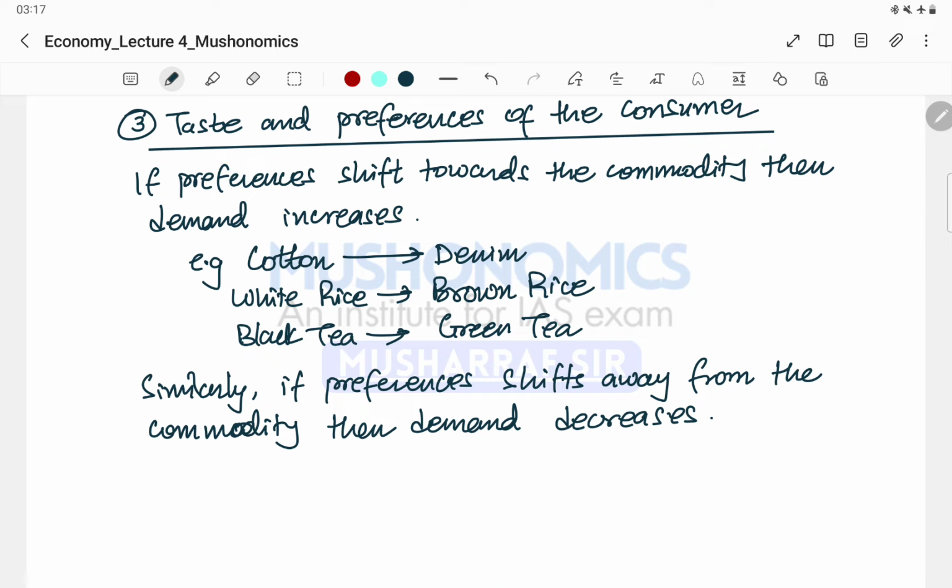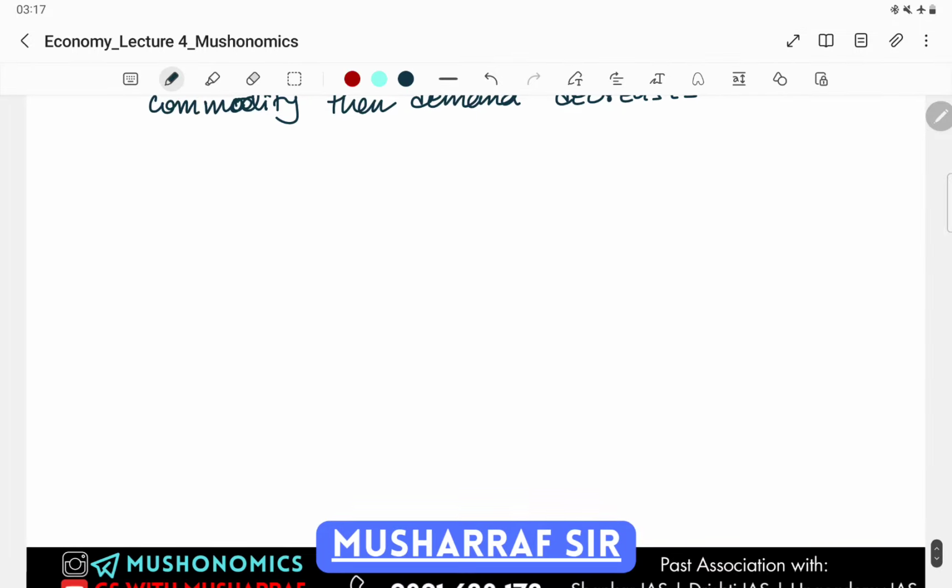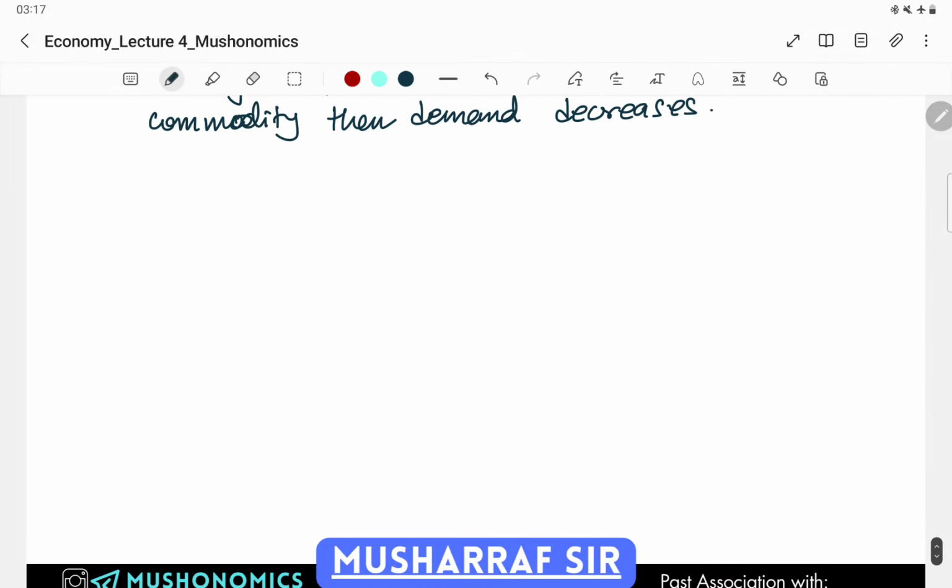Right? So for example, if preferences are shifting away from black tea, the demand will decrease. Shifting away from white rice, then the demand for white rice will decrease, right? Having understood all this, now let us plot a demand curve to get a clearer understanding of the picture.